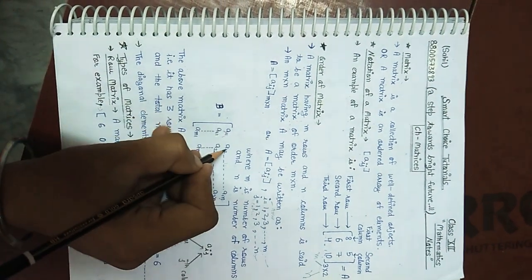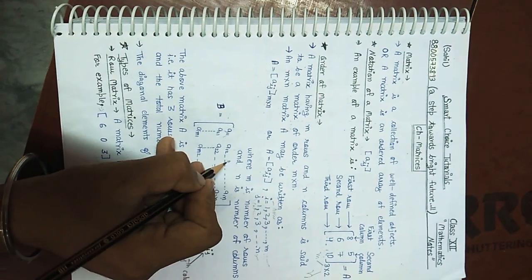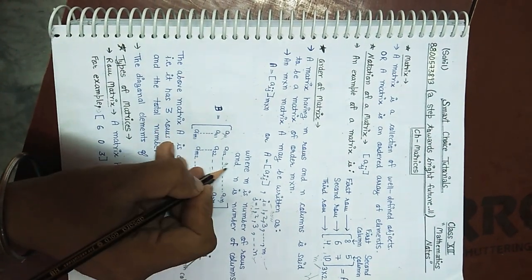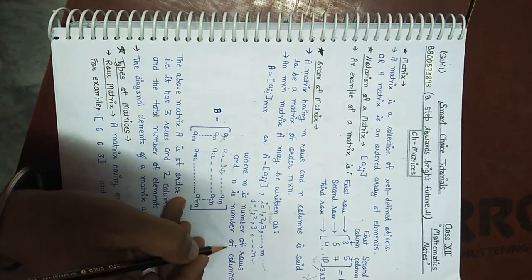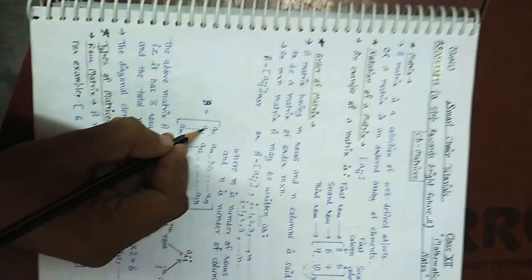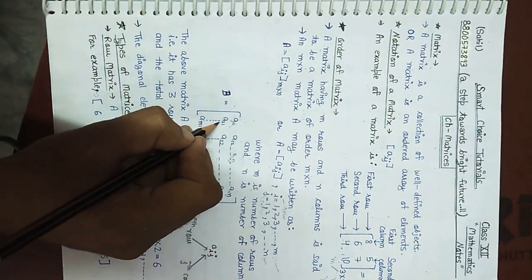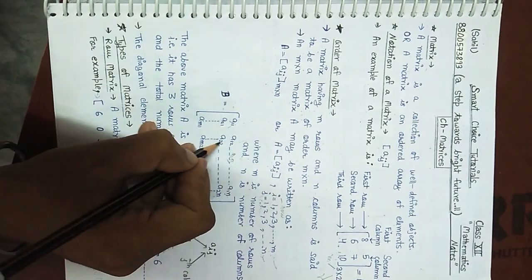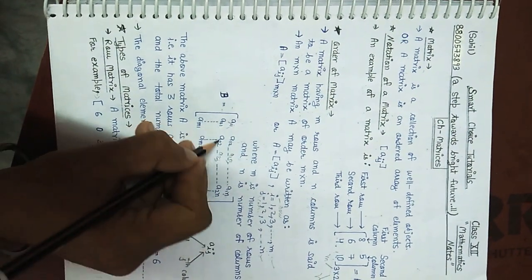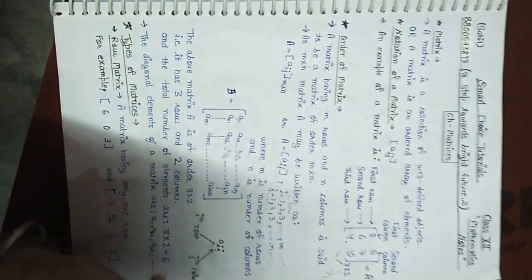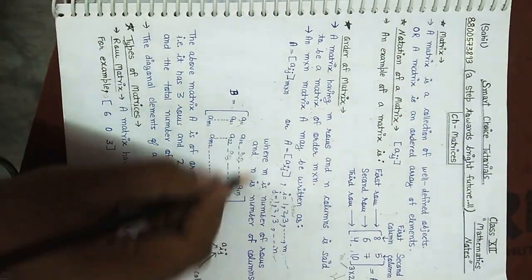A12 means first row and second column. A13 means first row and third column, and so on. A21 means second row and first column, then second row and second column, second row and third column, and so on. It is the general form of a matrix.